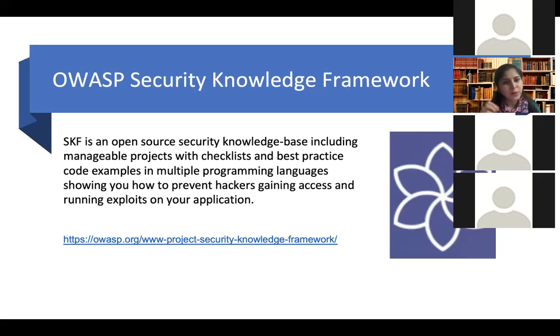So OWASP Security Knowledge Framework is that kind of open source project wherein it has all the pre-populated requirements that can be there based on the maturity level and based on the kind of projects or the organization you have.